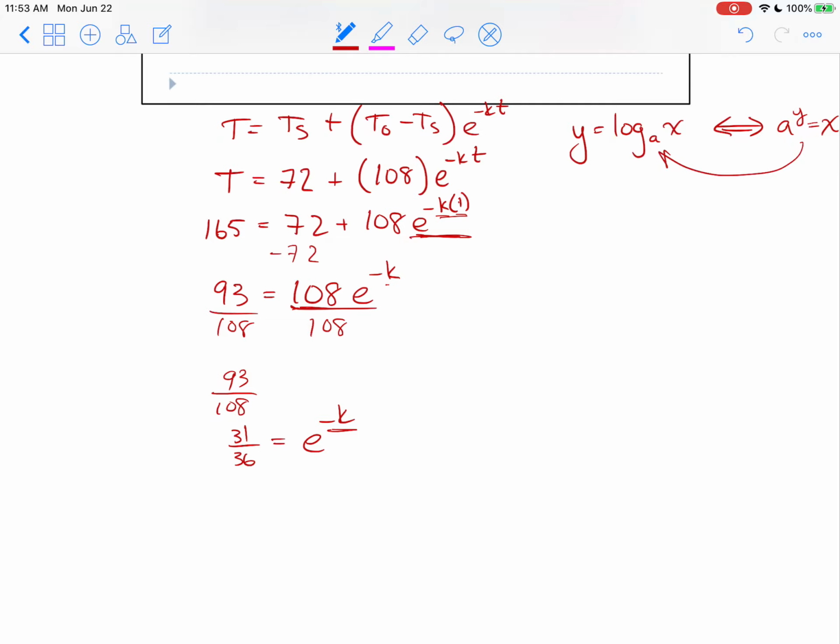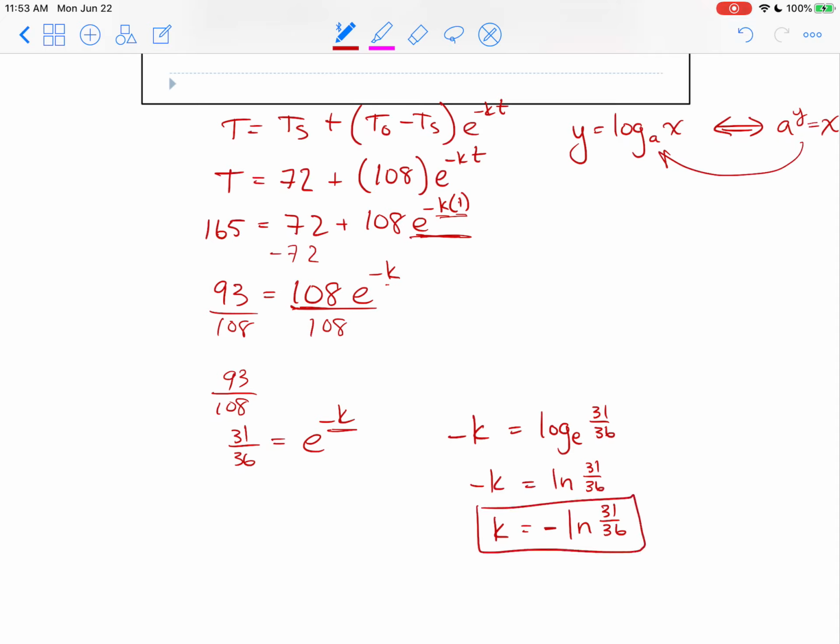So in that case, I would get negative k equals log base e of 31 over 36, which is saying negative k equals ln of 31 over 36, because natural log is log base e. And then if I wanted to get k totally by itself, I would just multiply both sides by a negative 1. And this would be my exact answer written as a logarithm, as a natural logarithm.